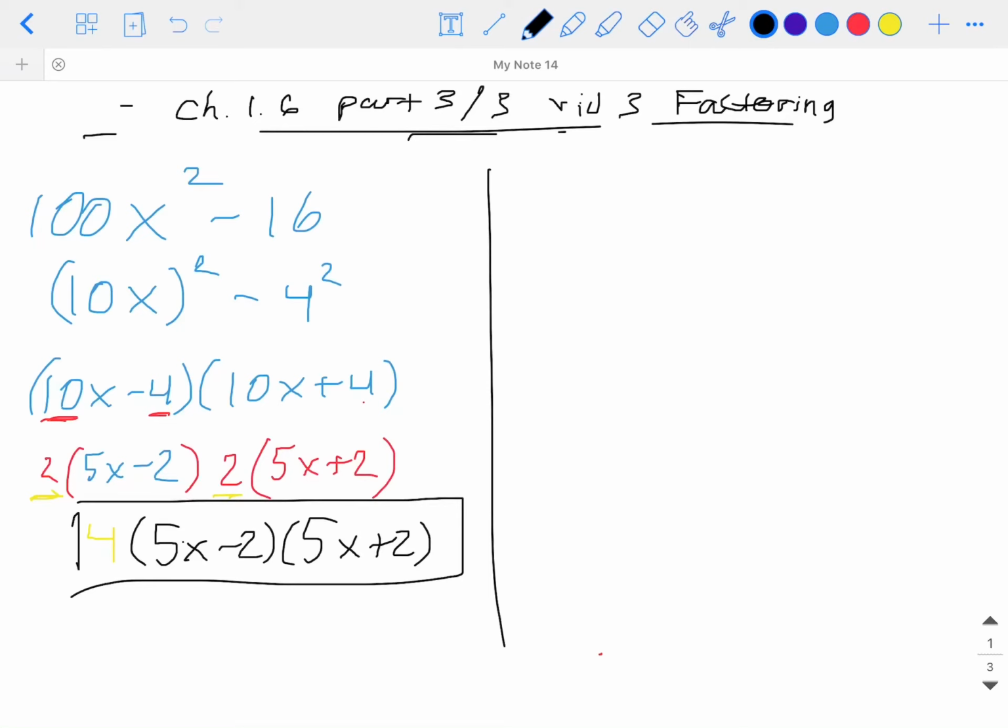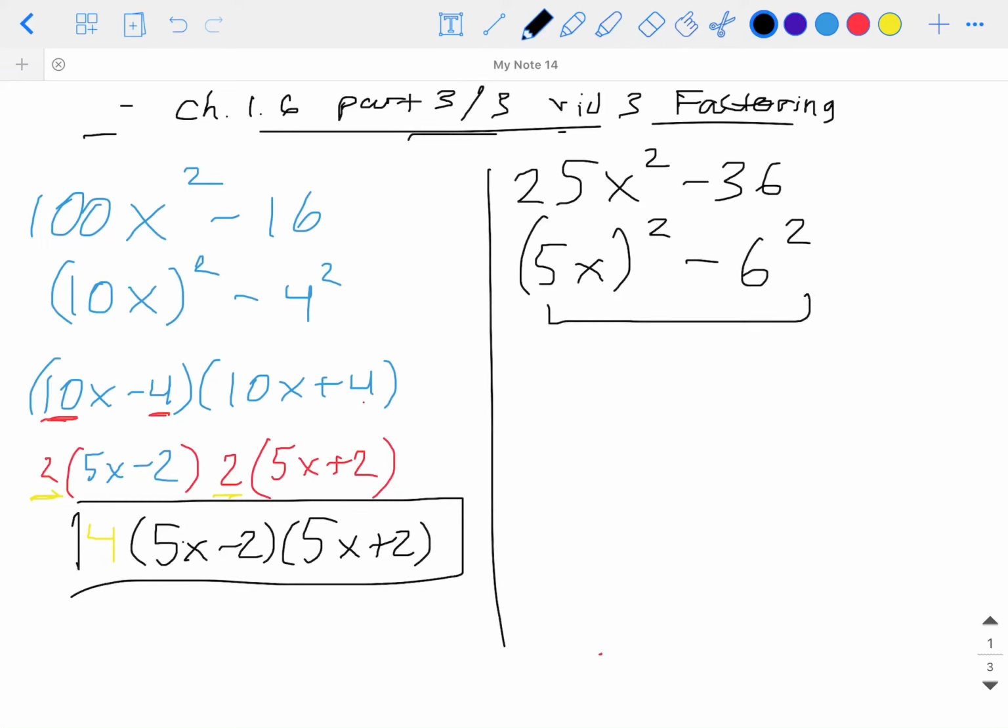Moving forward, let's say that I have a question such as 25x to the second minus 36. I can rewrite 25x to the second as 5 times 5, so just 5, then x to the second is x times x, or just x, all to the second, and 36 is the same thing as 6 to the second power.